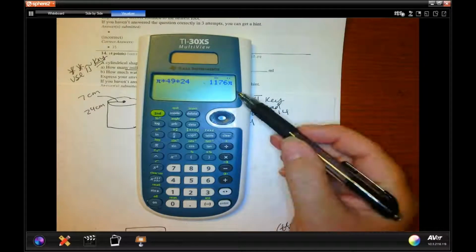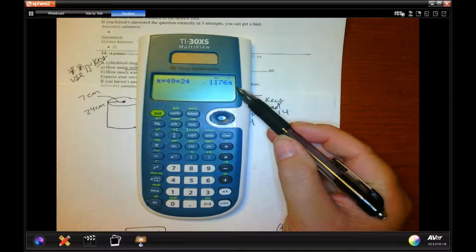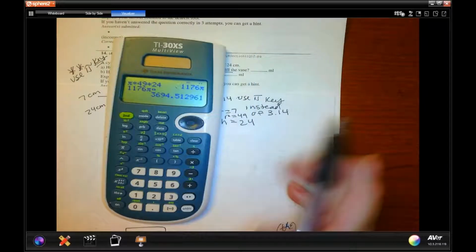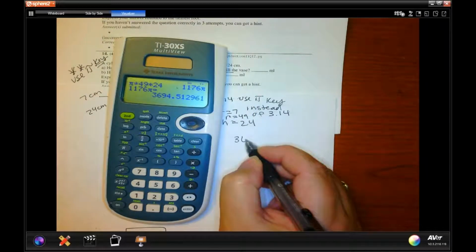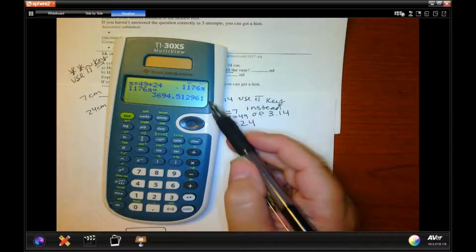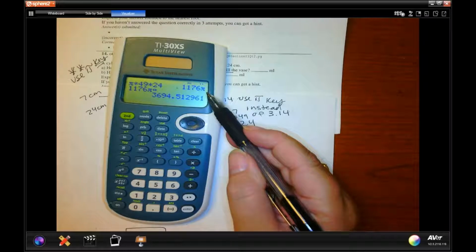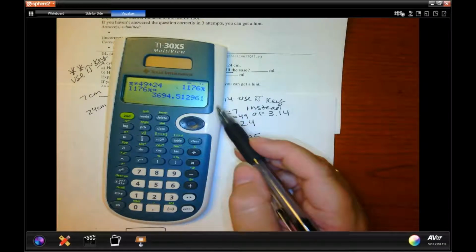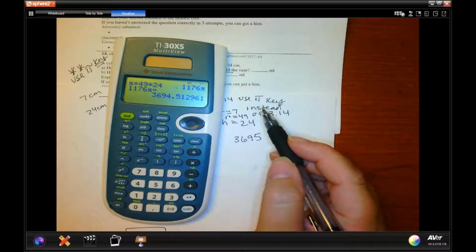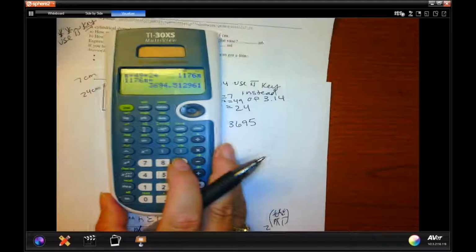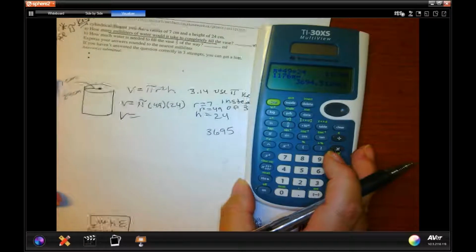This makes a difference from the rounded version of 3.14, because it takes it out to more decimal places. So this is going to round to 3695. When I use 3.14, it comes out to 3693, and WebWorks is counting it wrong. So make a note: use the pi key on 14. If you were having problems, that's probably what it was.